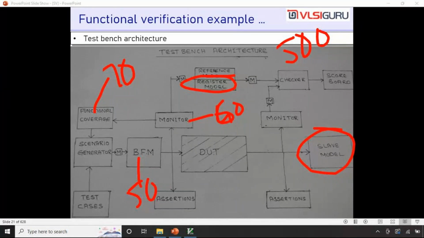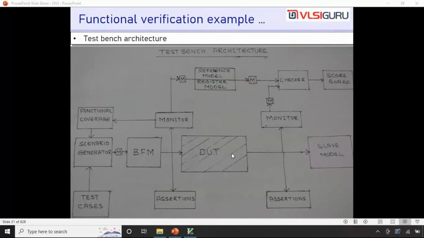Going forward, we'll understand how this test bench architecture can be developed from scratch. Now, given that this is the test bench architecture, even Verilog can be used to develop this. Let me tell you again, we can use Verilog to do the same test bench development.